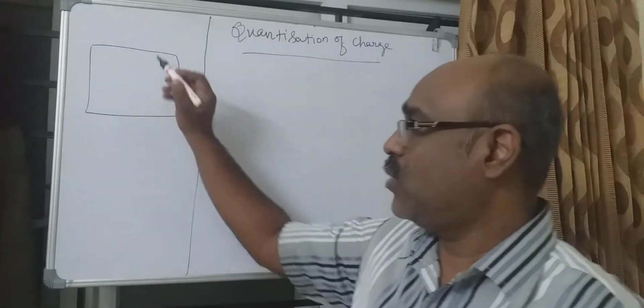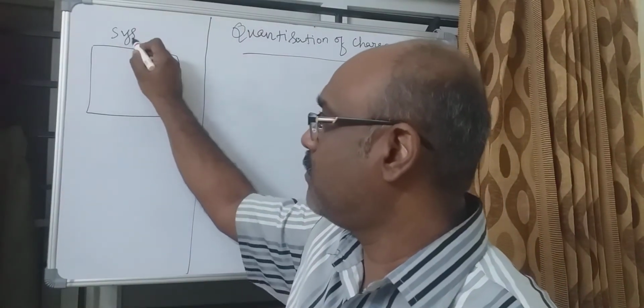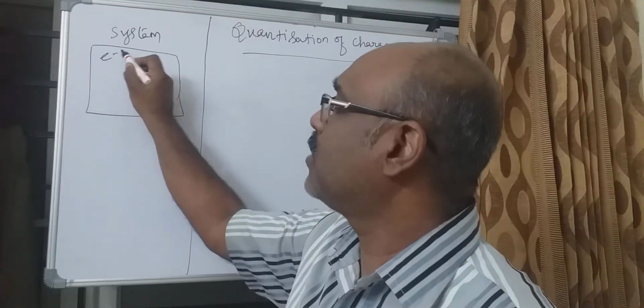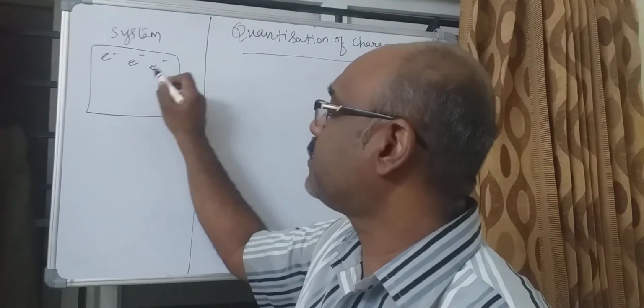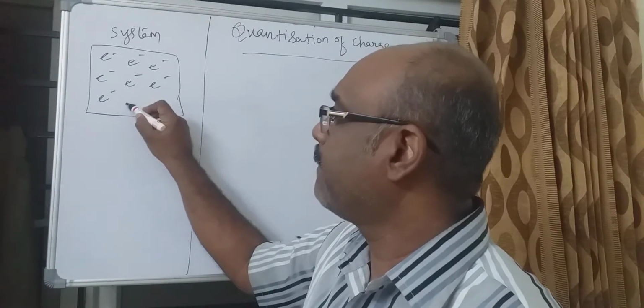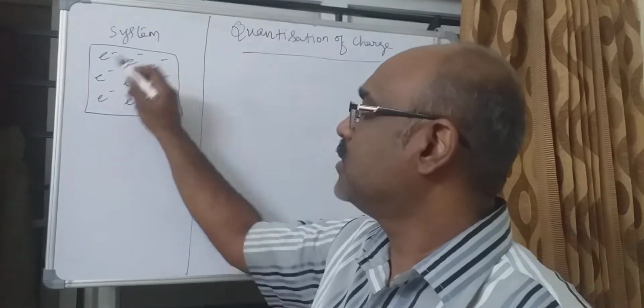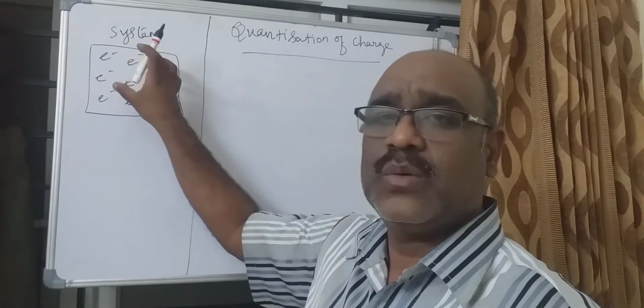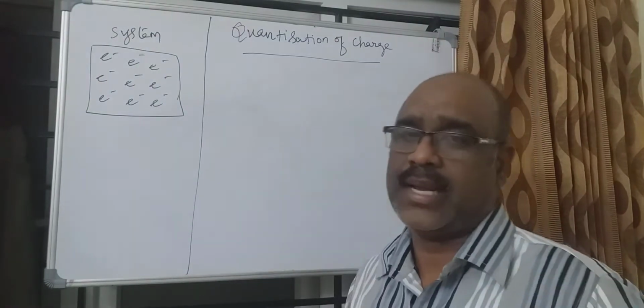Let us consider now in this system. So in this system few electrons are there. So here the number of electrons which is present in this system is 9.